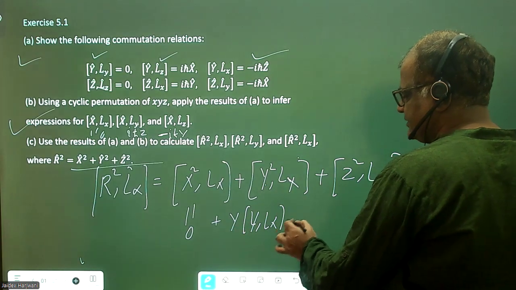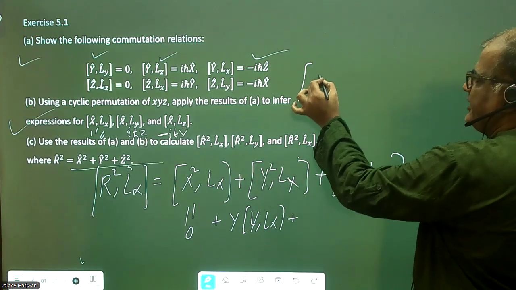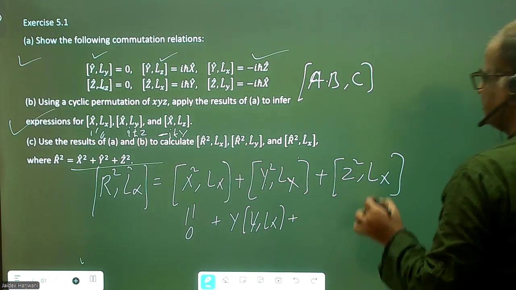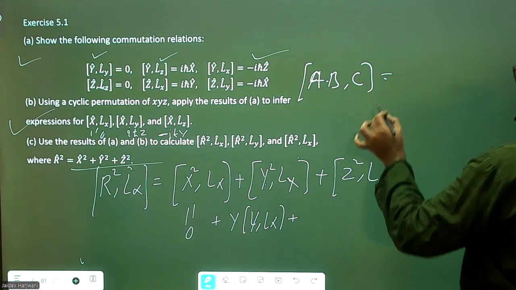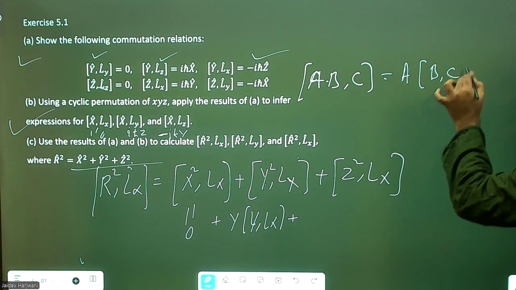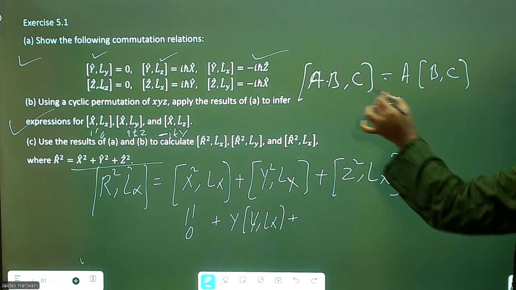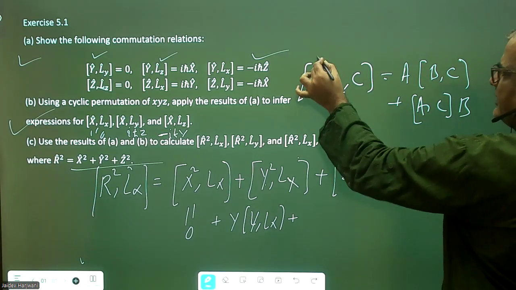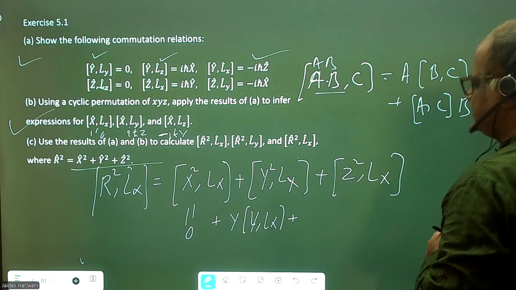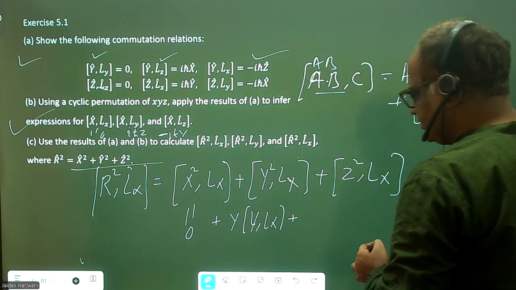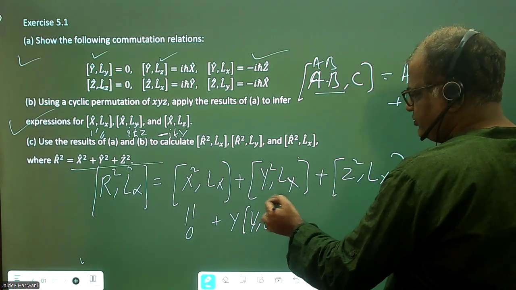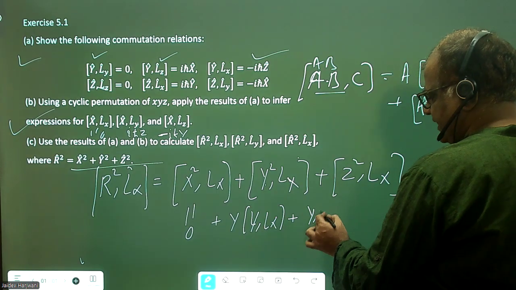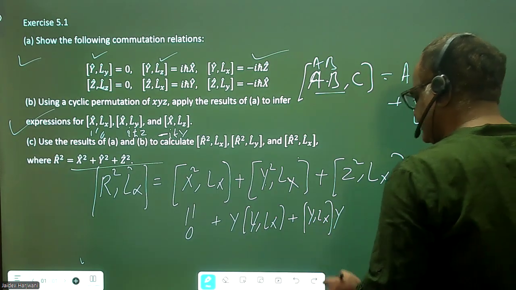We can write y, y, Lx; I am using an identity. You have operators A, B, and C. How do I write it? I write the commutator of A with BC as B times the commutator of A with C, plus the commutator of A with B times C. So this bracket will give you two terms, y, Lx with y, and then y, Lx with y.